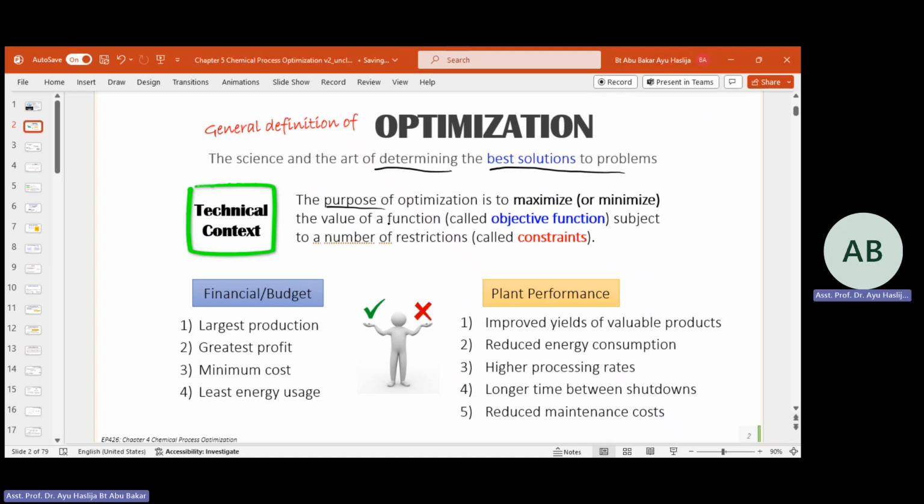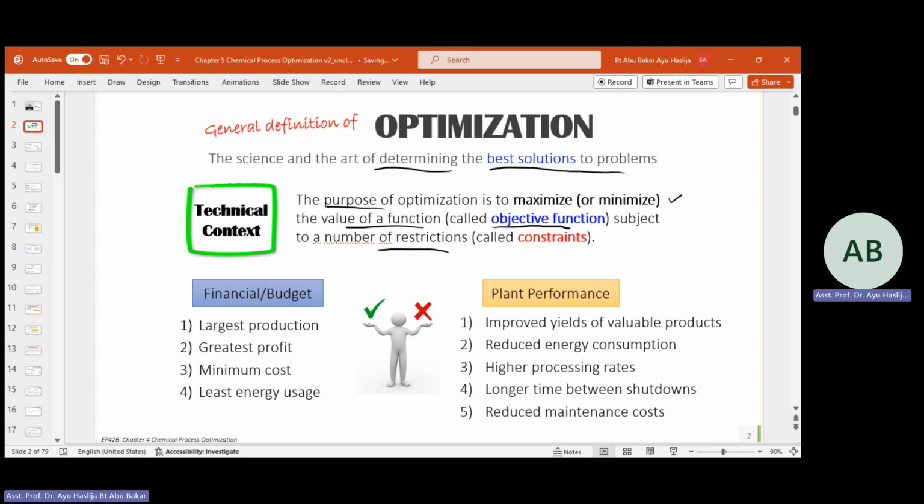And then the objective function, which is subject to a number of restrictions. So for optimization, you need to first identify what you want to maximize or minimize, your aim, your purpose.